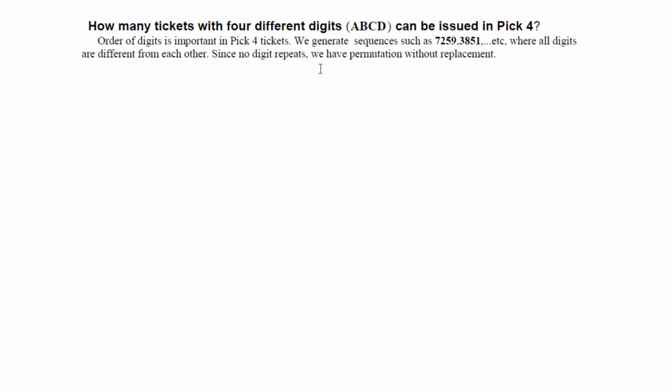So a ticket such as 7259 has 4 different digits, with no repetition of the digit, which means we have the case of no replacement, and it is ordered, so we can use the permutation without replacement formula.